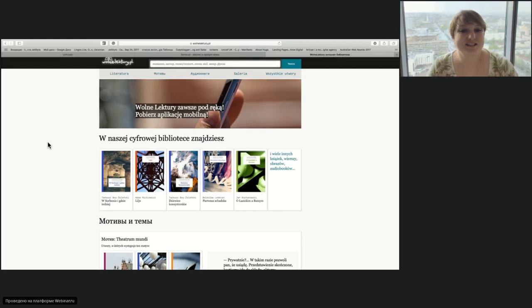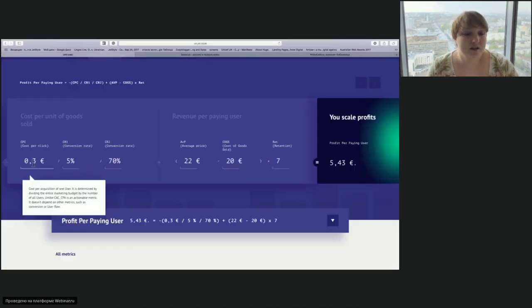So we announced the literary contest here on Wolne Lektury, and we acquired a lot of traffic from there. We really did not know how it was going to convert to payments, how profitable that project would be for us. That was interesting, but we understood that it's a PR project and we didn't expect much profit from it. And it went like that.